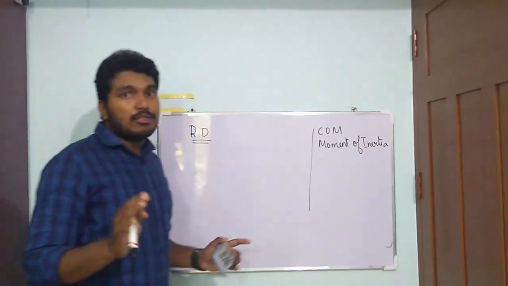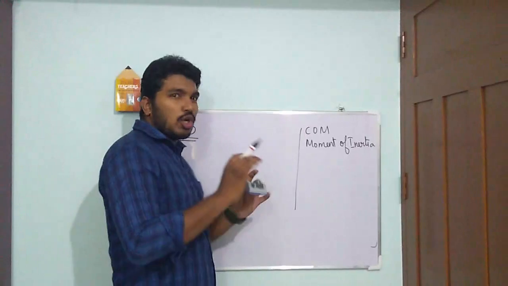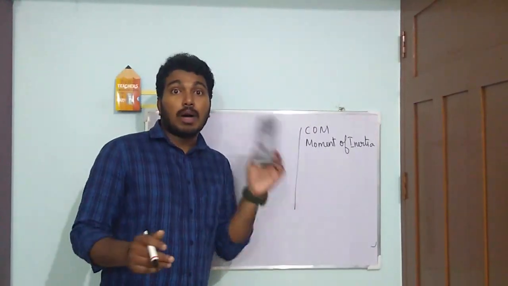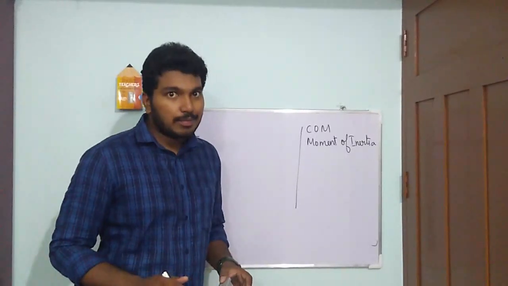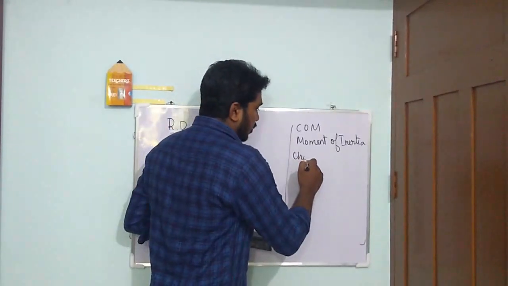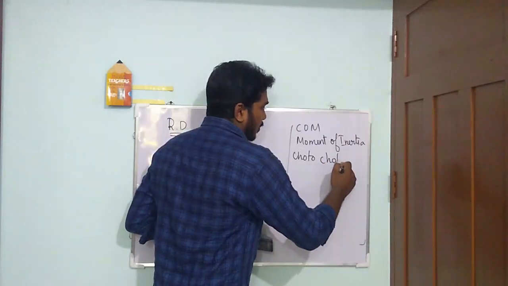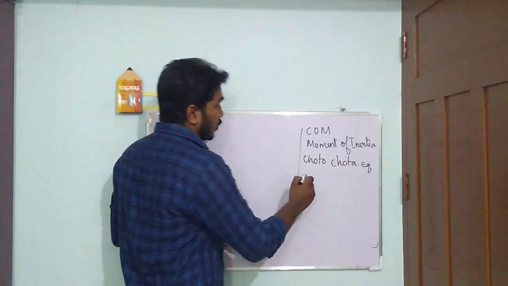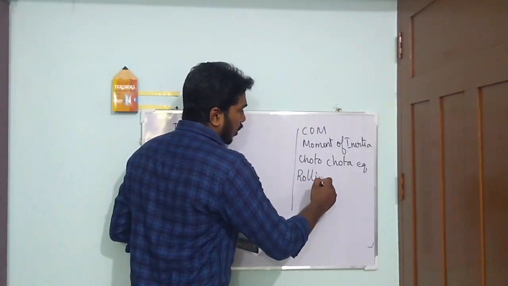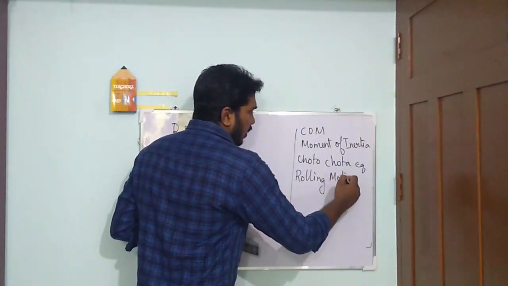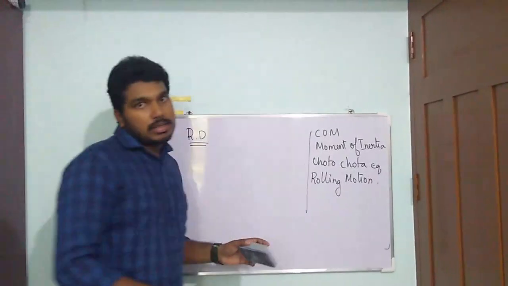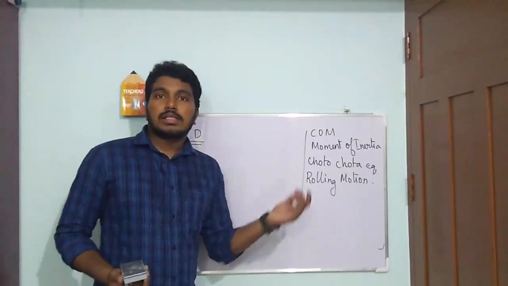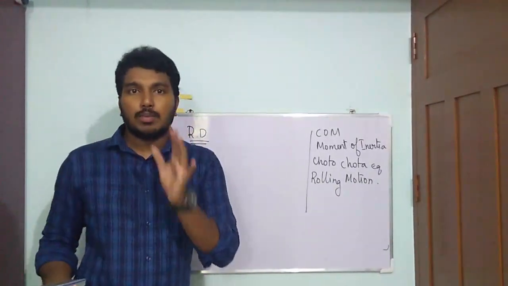In the third part, we'll be dealing with some chota equations which are very essential, and from where you're bound to get 1 question guaranteed. And after that, towards the end, you'll be learning about rolling motion also. So these are the 4 major categories you have to cover in rotational dynamics, or as you call it in your NCERT, system of particles and rotational motion.